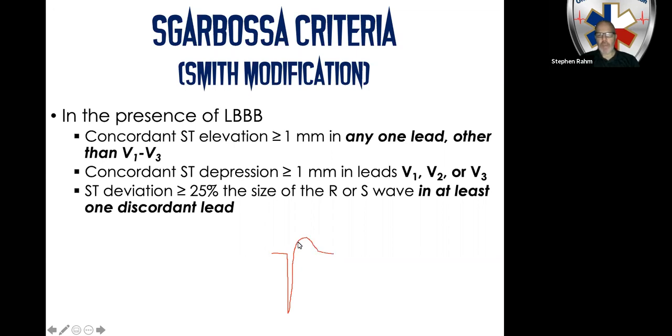So we're going to put the J point about right here. So if that was 5 or 6 millimeters of ST elevation, that would have met Dr. Sgarbossa's original criteria. However, if you look at how deep this S wave is, and this is that rule of proportionality that I was talking to you about earlier, based upon the depth of the S wave, then 5 millimeters of ST elevation would really not be a lot. I mean, it's a lot, but relative to the S wave, it's not.